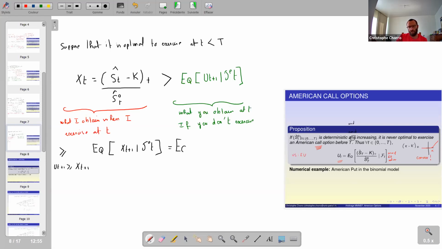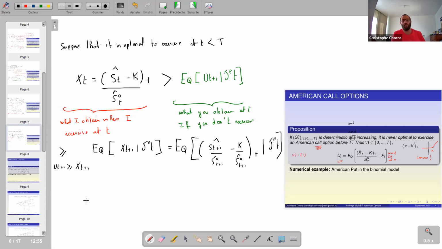And I know what this one is. It is the conditional expectation under Q of x t plus 1, which in the case of my American call option is S t plus 1 over S0 t plus 1, minus K over S0 t plus 1, positive part, given ft.